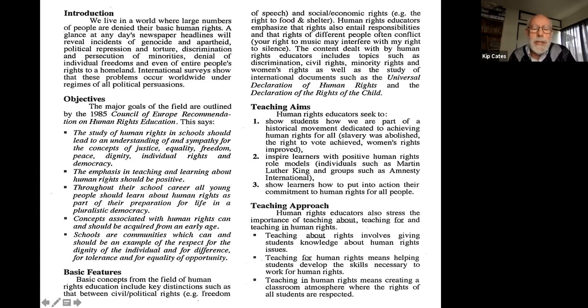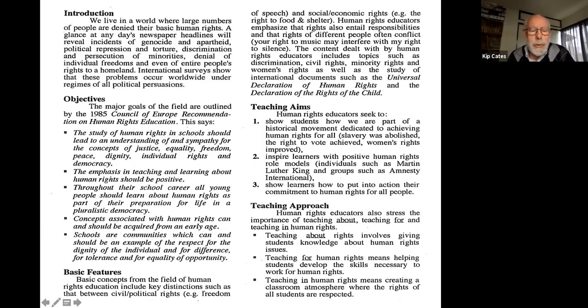Human rights education is a key part of that preparation. Fourth point, concepts associated with human rights can and should be acquired from an early age. Interesting point. Many people say, we should wait till they're adults, only advanced level language learners, but human rights educators say, no, no, no. Human rights gets down to basic issues such as fairness, which even children can understand.